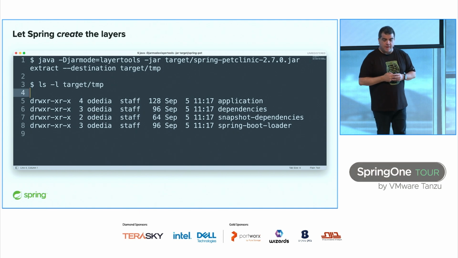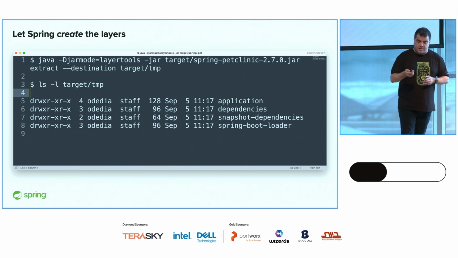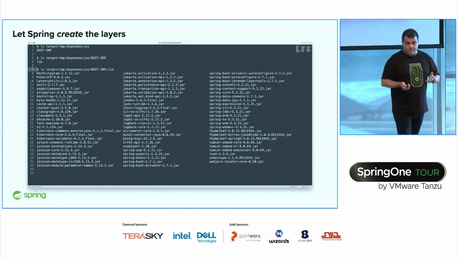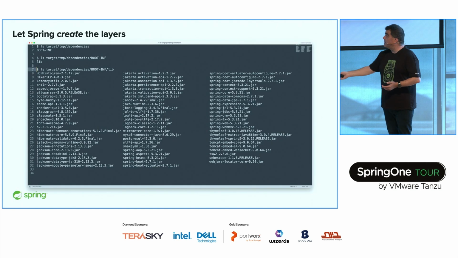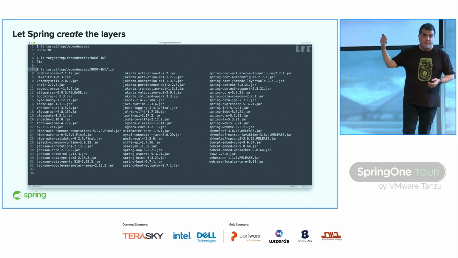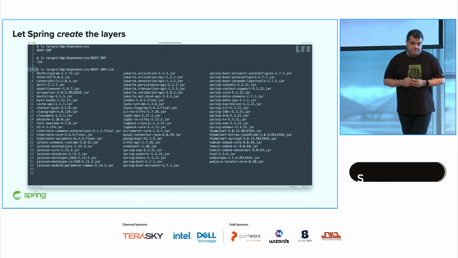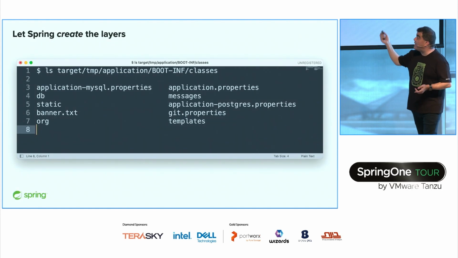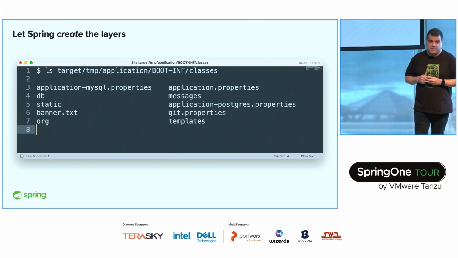So using this behavior, for example, here we have the dependencies folder, and we have the application folder. So the dependencies basically contains all of these probably 100 plus dependencies we get from the Spring ecosystem. And our application layer only has just a couple of kilobytes of source code that we wrote ourselves, right?